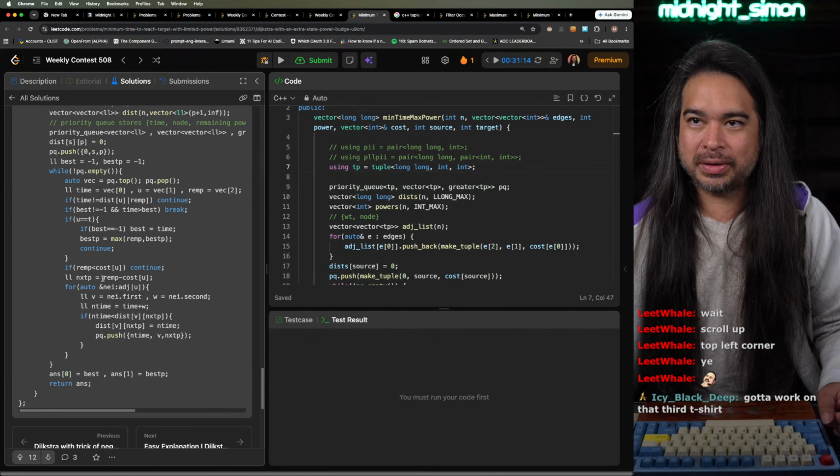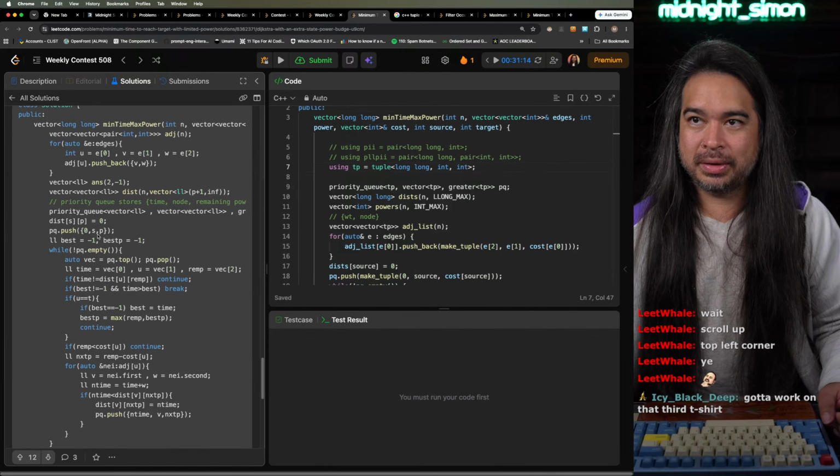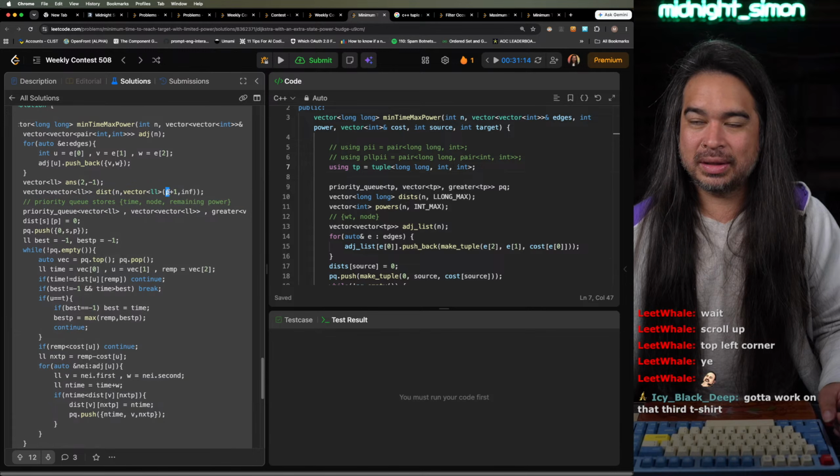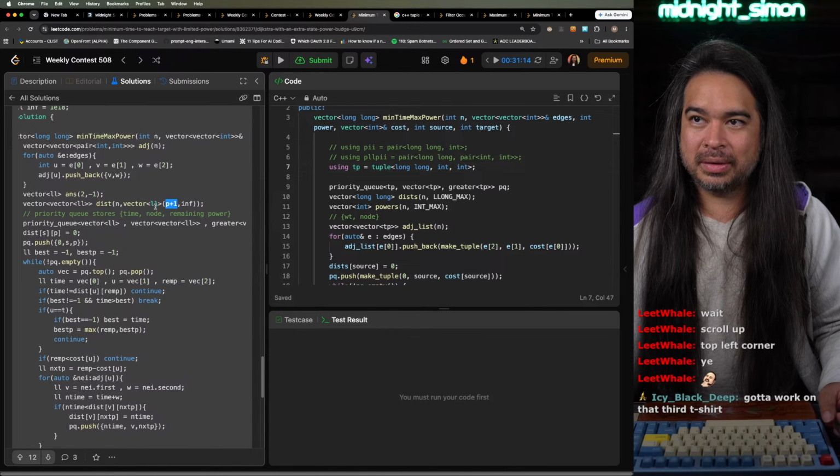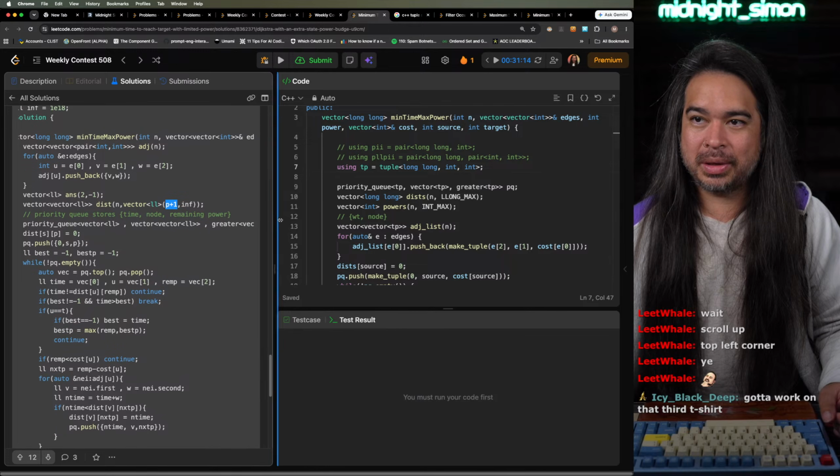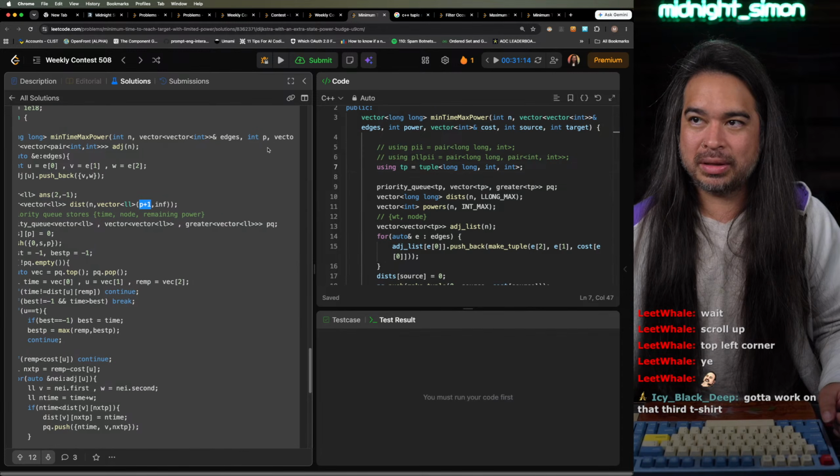C++. Oh, so I use a vector for the distances. I don't know what P is. I guess P is power plus 1.